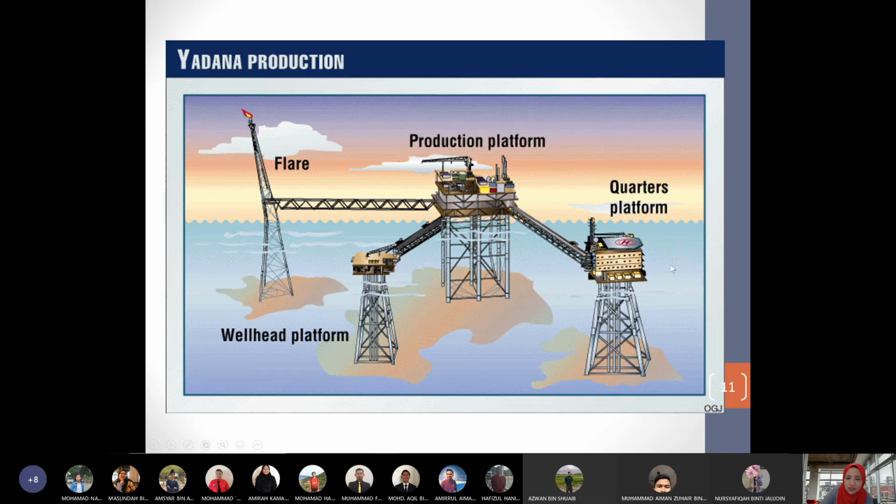So the staff and personnel are on a different platform. The wellhead is on a different platform because this is where all the risers and the pipes are, and the flare also must be away from the production platform because this is an ignition source. If you have a vapor cloud happening here, you don't want it to be very close to the flare.